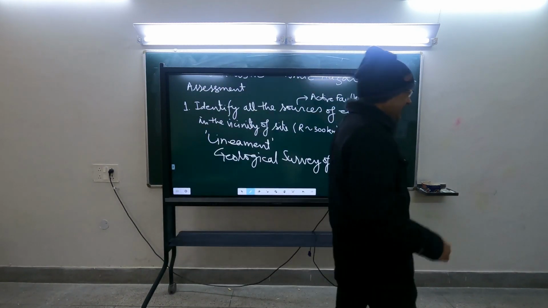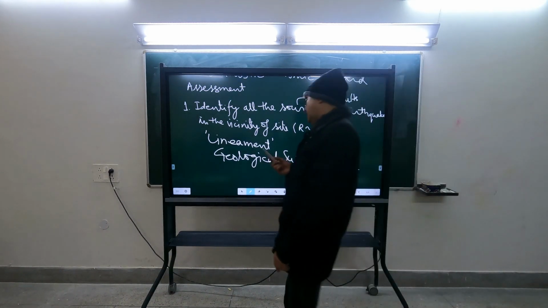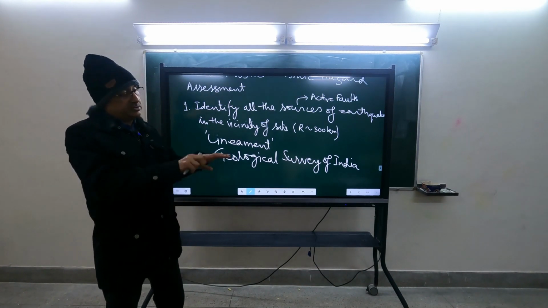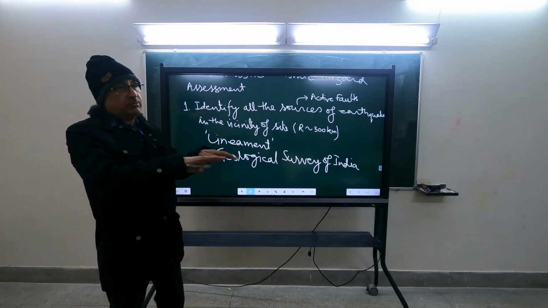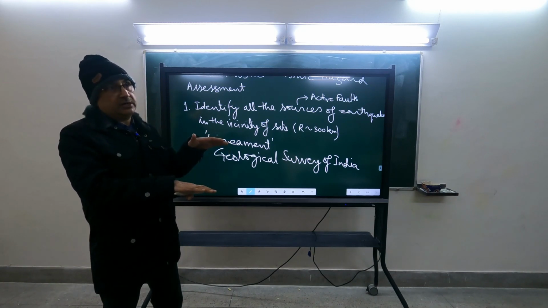They dig along these lineaments, study the geology there, and try to identify the forensic evidence of whether any earthquake has occurred there, because if a movement has occurred, it can be identified by looking at the geology along that lineament.